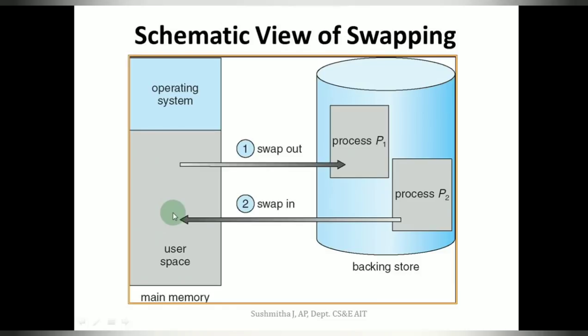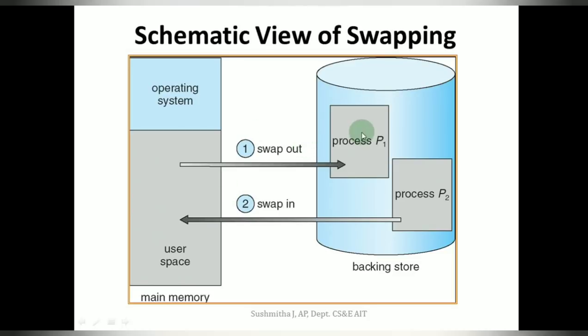Now when I say I am swapping out a process, earlier to this class, we saw a memory structure. We saw something called a base register, limit register, a range of memory locations.